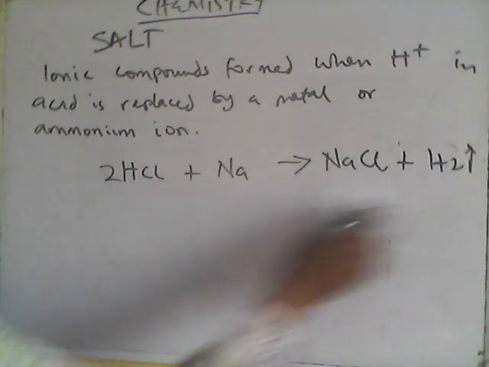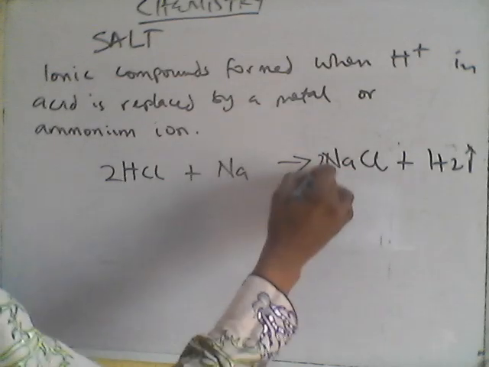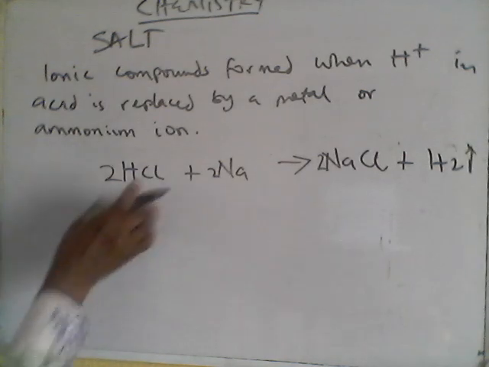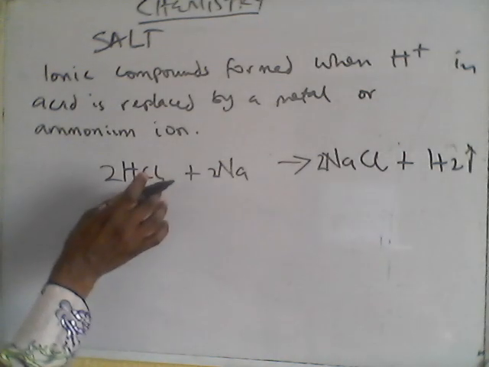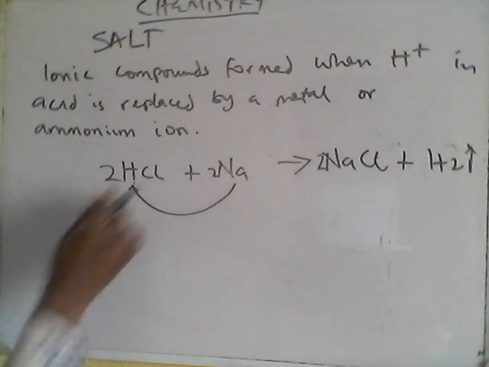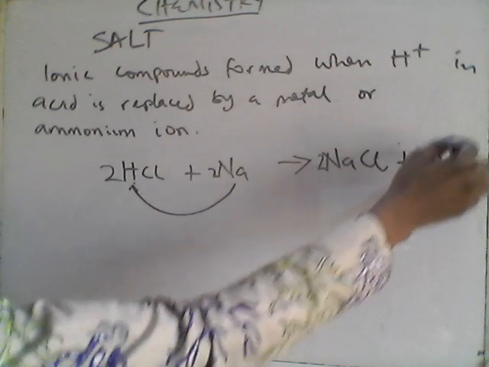So this is 2, this is 2, and this is 2 here. This one is an acid because this metal displaces it. You understand? And when it displaces it, it forms this ion.